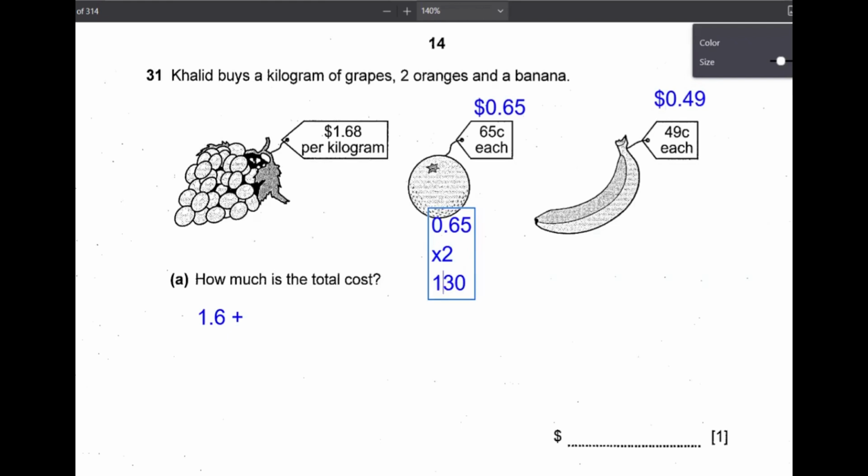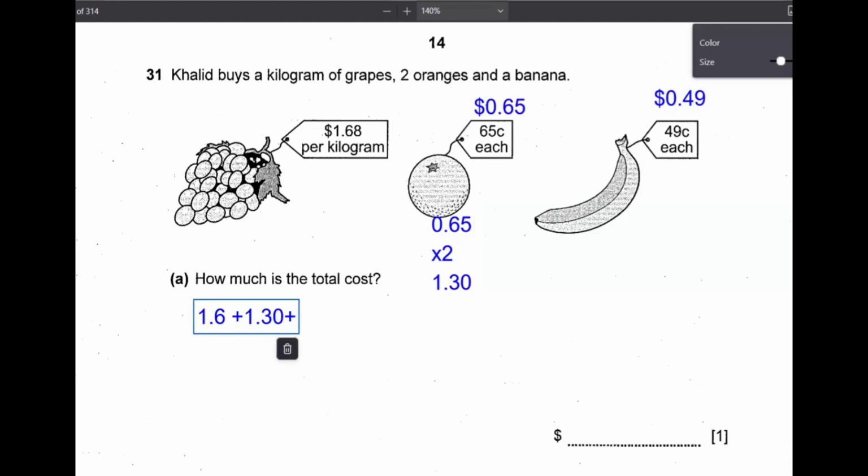You put the decimal point after 2 digits, so it is going to be 1.30. So you say 1.68 plus 1.30, plus a banana, which is 0.49.